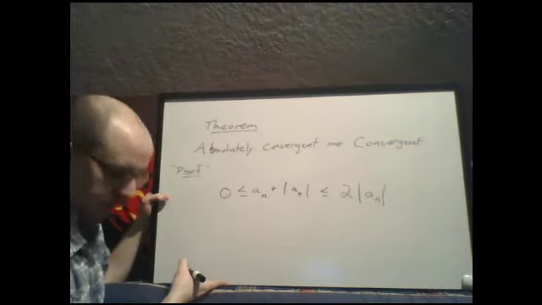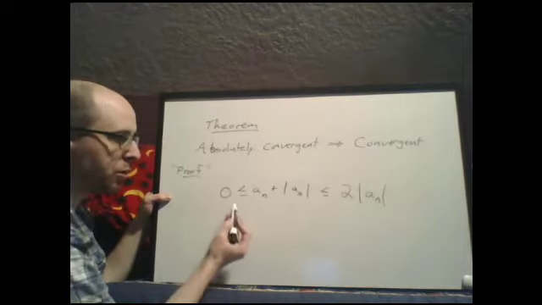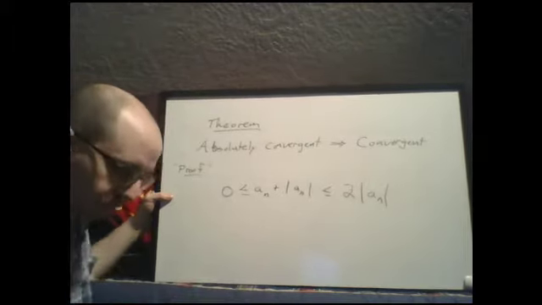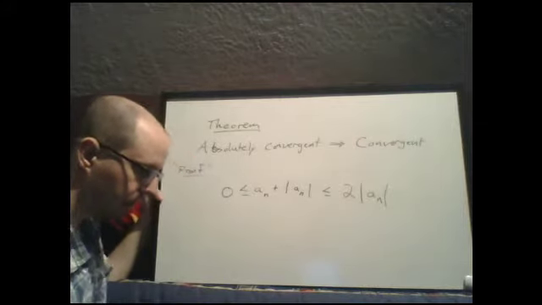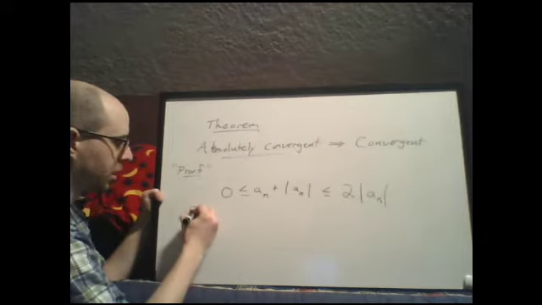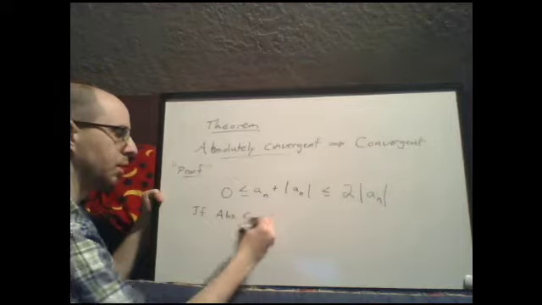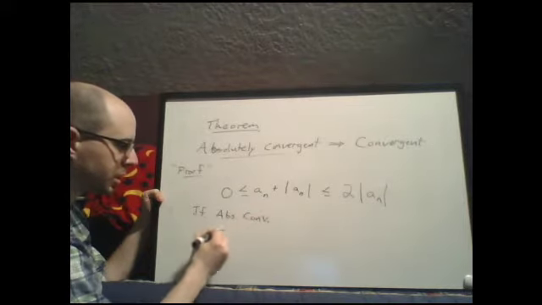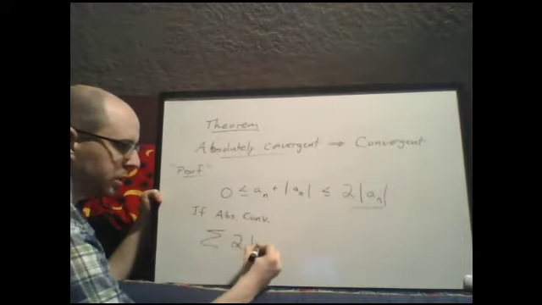Okay. So we have an plus its absolute value is trapped between 0 and 2 times the absolute value an. So if we assume absolute convergence, I'm abbreviating here, but if it's absolutely convergent, that tells us that this side here produces a convergent series.